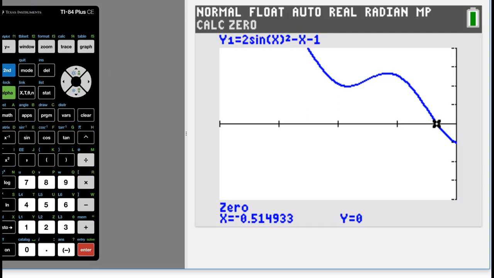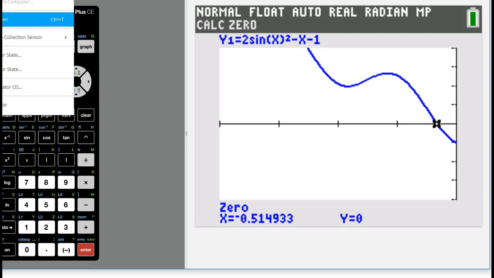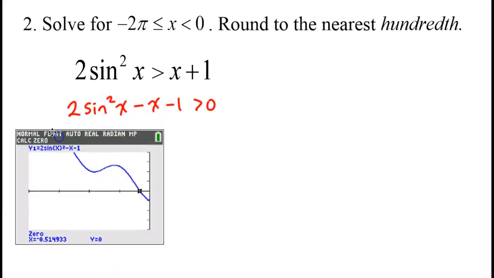So we can then come back and make a sketch of that. So you'll jot down on your papers a little sketch.